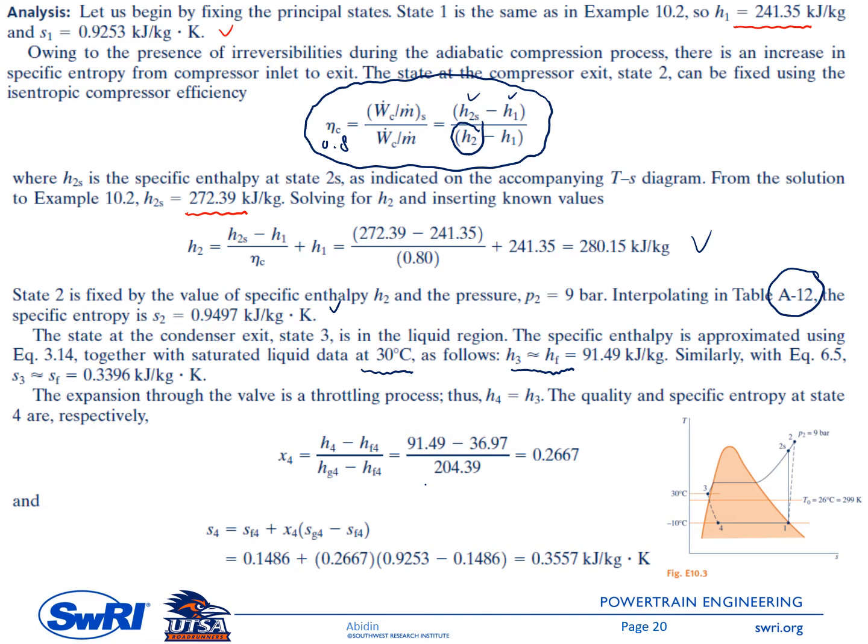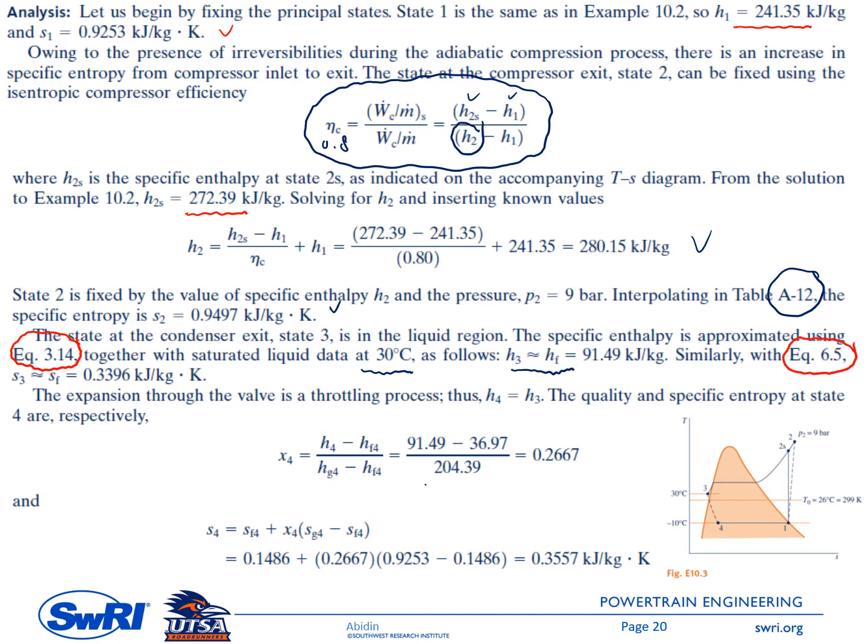If you want to know where this approximation comes from, look at chapter 3 in Thermo 1, equation 3.14: you can approximate the enthalpy as the saturated enthalpy at the corresponding temperature. Similarly, you can approximate S3 as SF at 30 degrees C, and this approximation comes from equation 6.5.